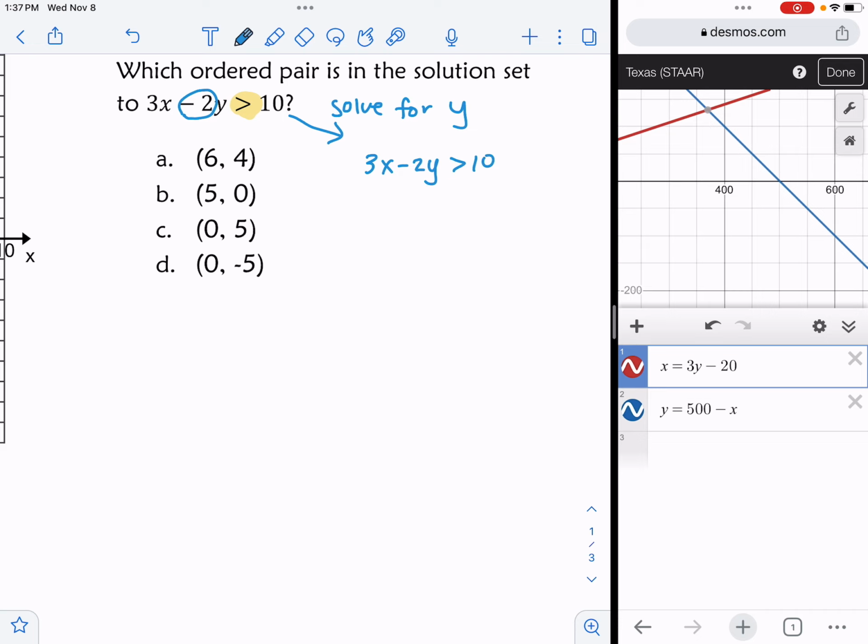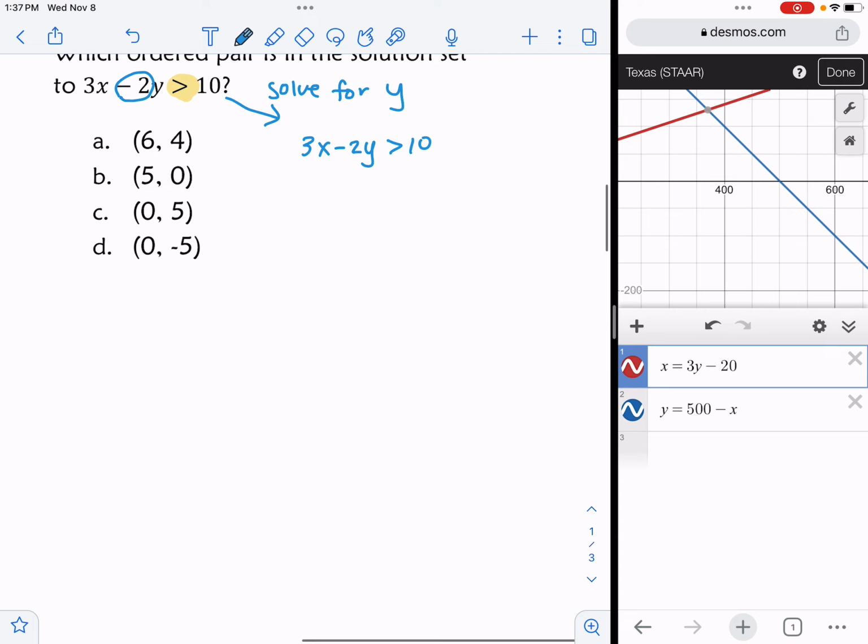Okay, and so we have to be neat about this because we can't type it into Desmos. So I'm going to subtract the 3x from both sides. And then put the x term first because that's how slope-intercept form looks. Just make sure you don't combine the x term with your constant. Those aren't like terms.